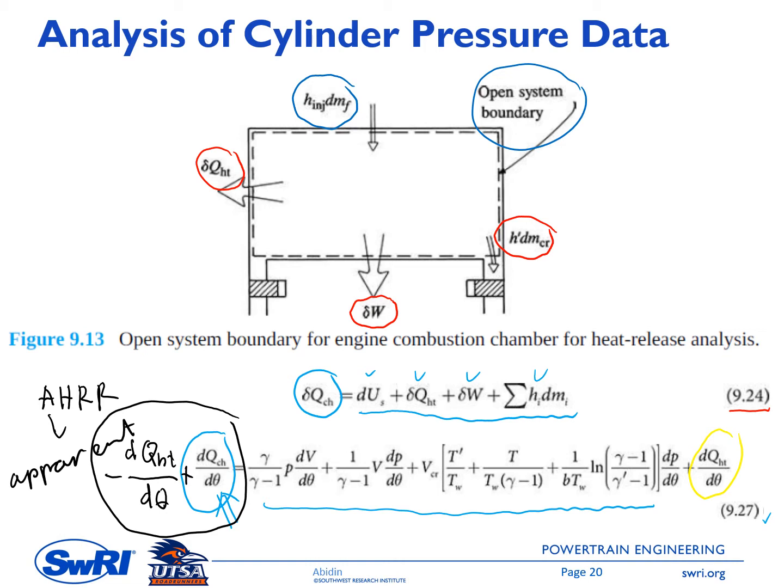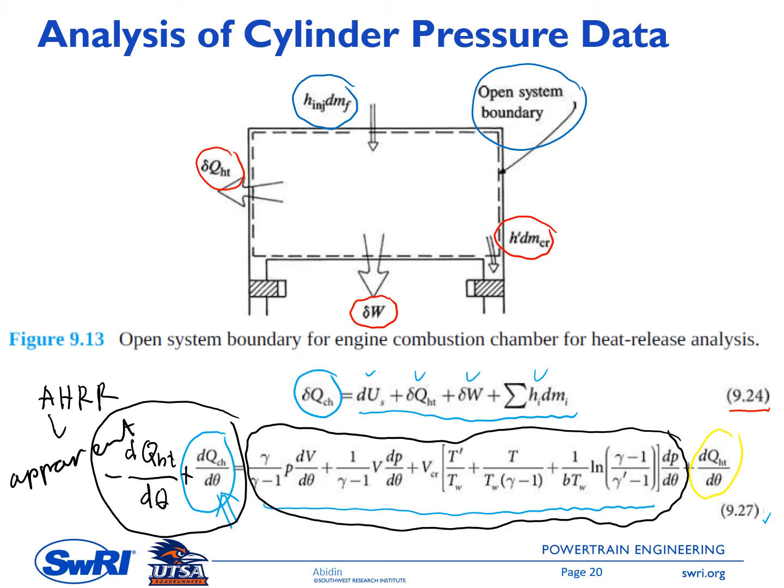So for the term on the right side here, you can see there is a gamma, we have pressure, volume, and then temperature. So these parameters can be obtained from the test data.